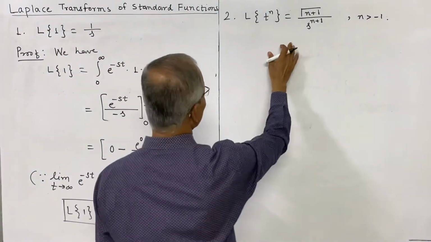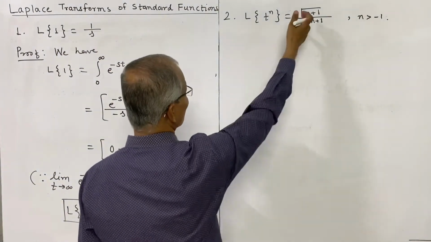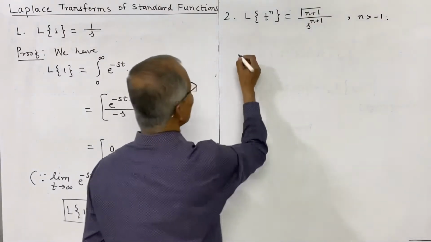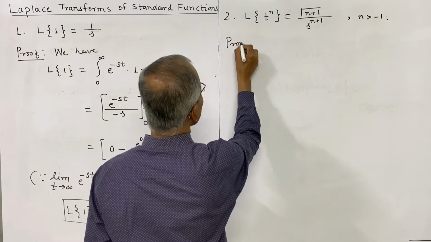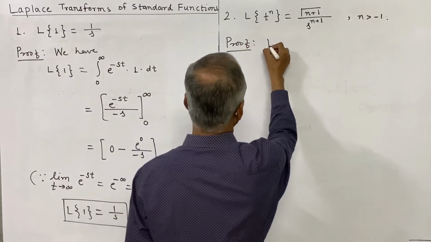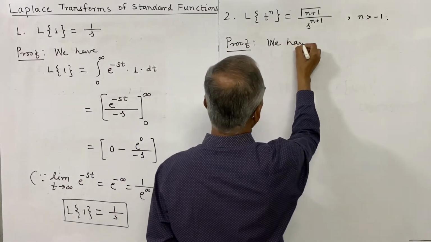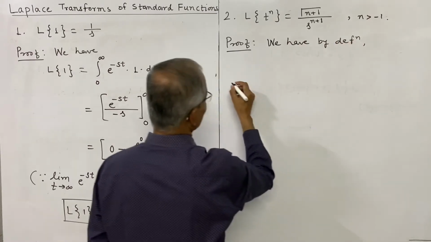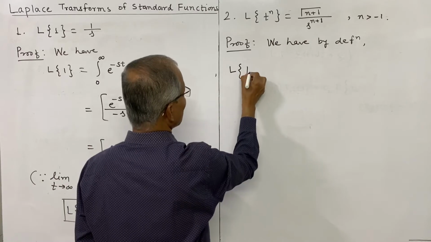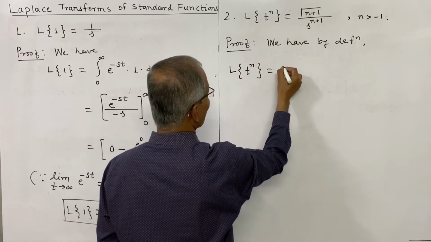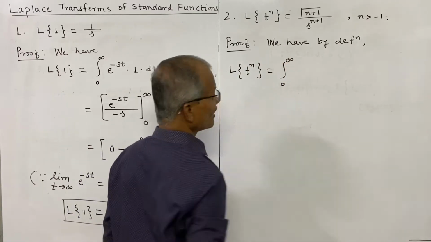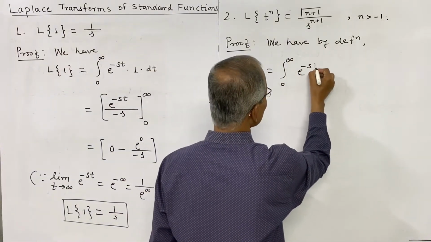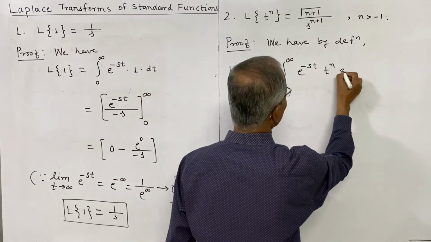We shall first obtain this result, and then we shall see what is the exact meaning or definition of gamma function. The proof for this is, we have by definition of Laplace transform, L of t power n is equal to integral 0 to infinity e power minus st into t power n into dt.